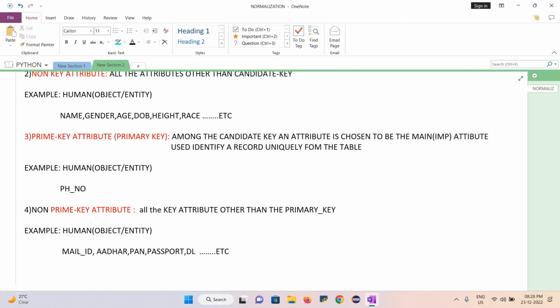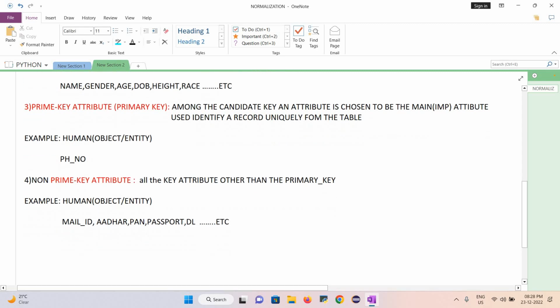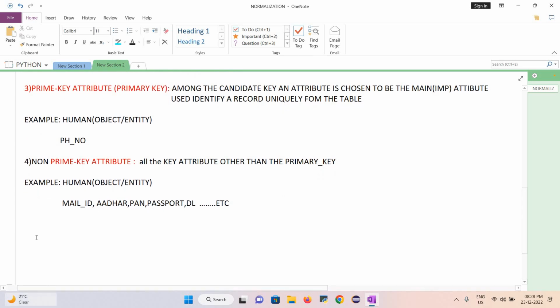This is known as non-prime key attribute.